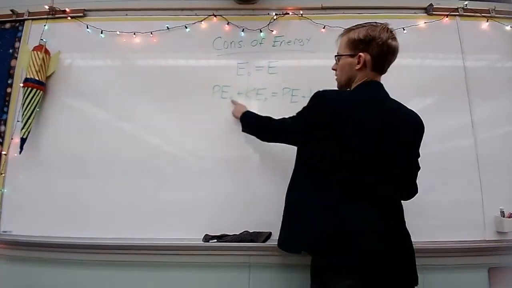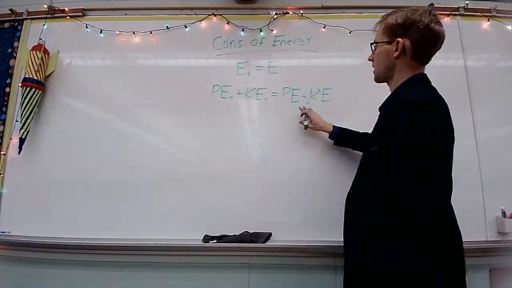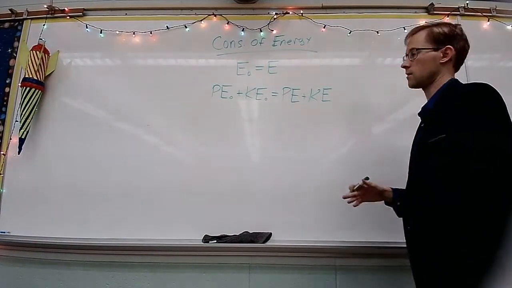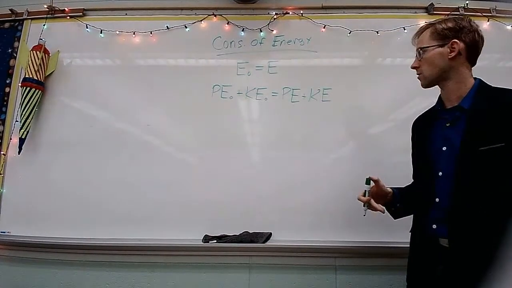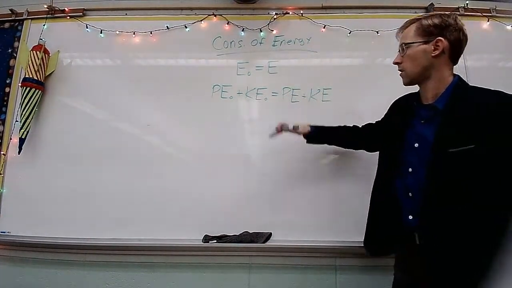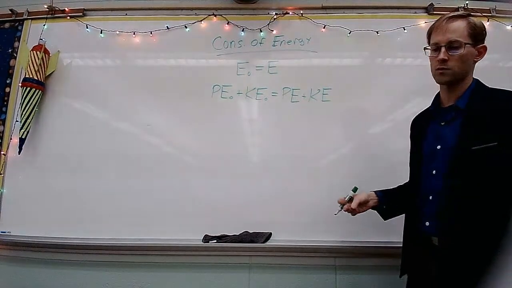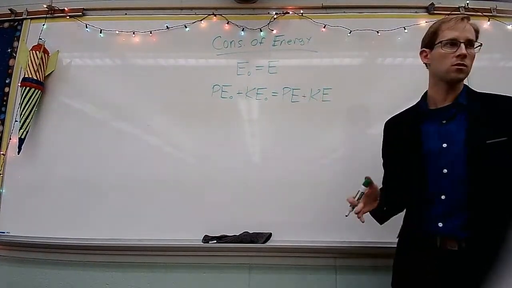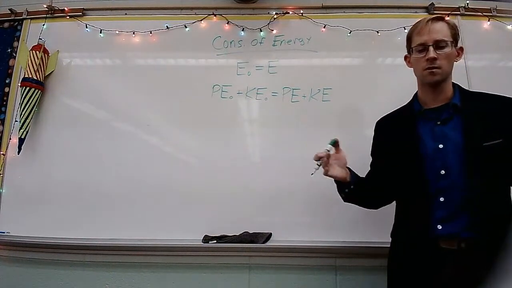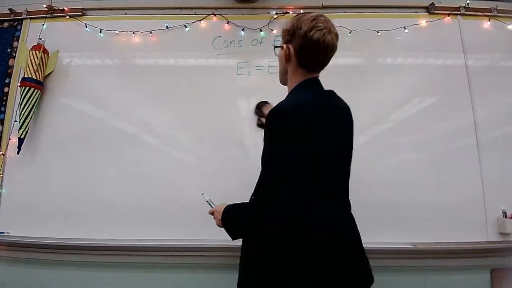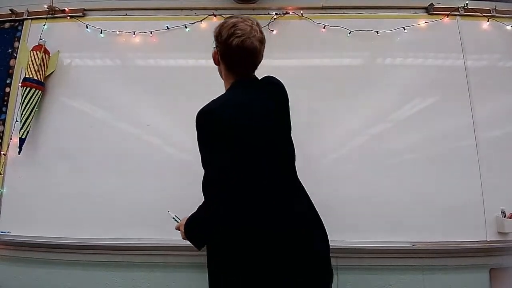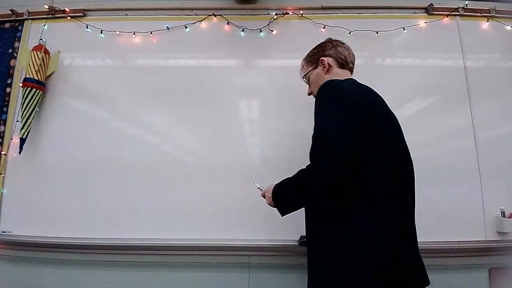So the little zeros mean original. When there's none of that next to those letters, that means we're talking about the final potential energy, the final kinetic energy. And you could break this down even further into the individual equations. I'm not going to do that here because we'll be using those in the next example, so you'll see them quickly enough. So the example I want to take you through for conservation of energy is a pretty basic one.